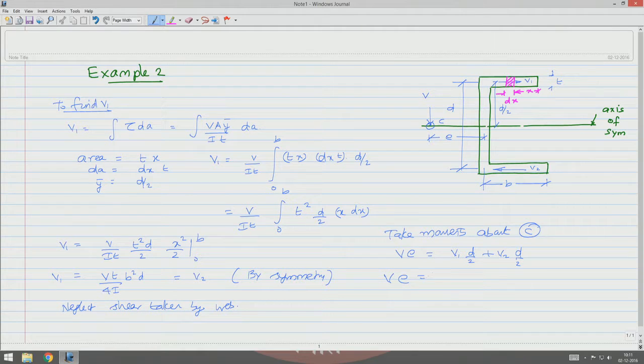So, V into E is V t b square d by 4 I into 2, which gives me E as t b square d by 2 I.